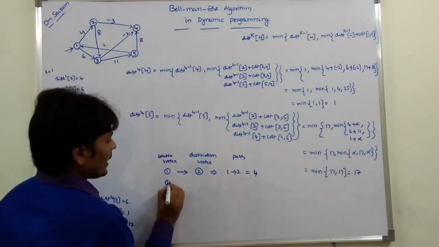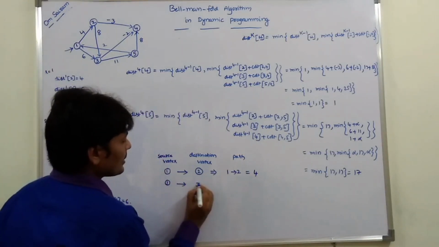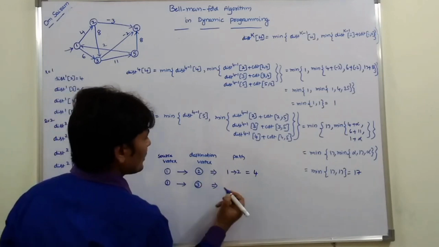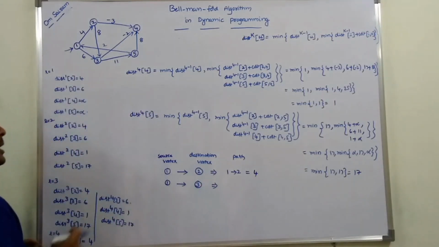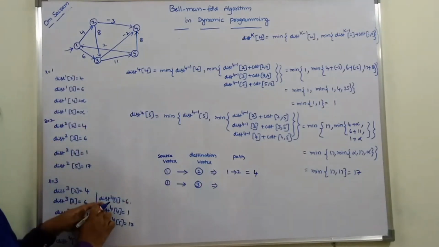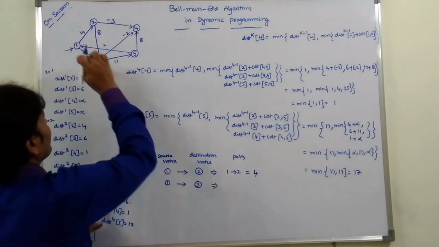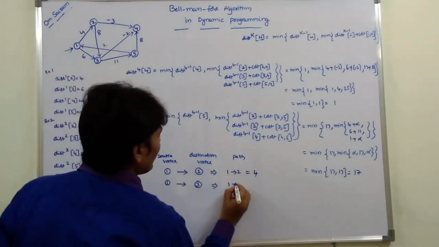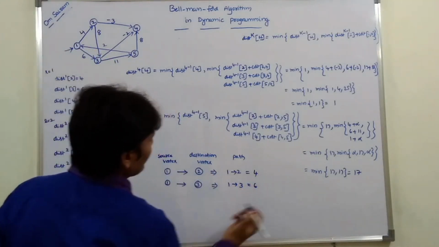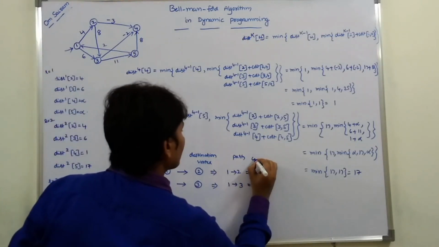Next one, source vertex 1, destination vertex 3. The shortest path from source vertex 1 to destination vertex 3 is 6. So 1 to 3 is equal to 6, and this is the cost.